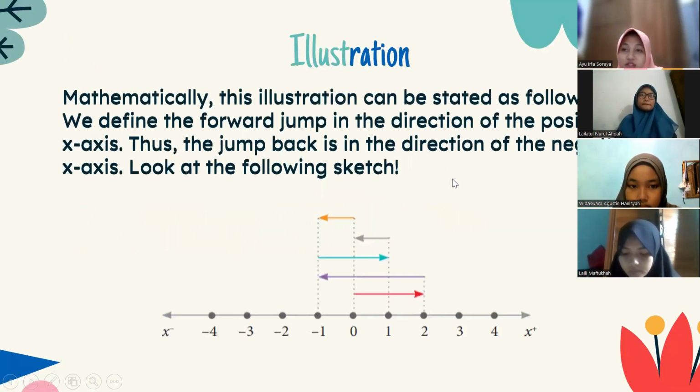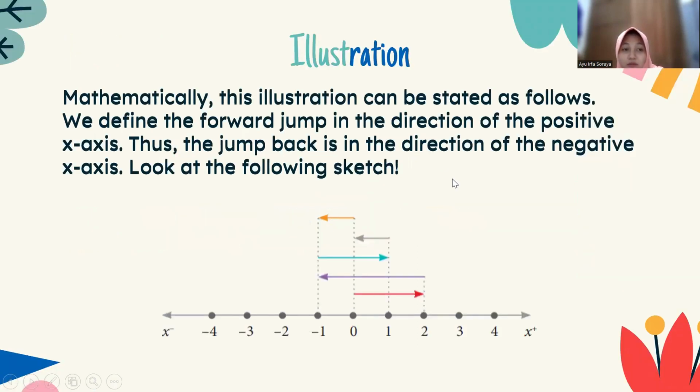So we can illustrate this problem mathematically. We define the forward jump in the direction of the positive x-axis, thus the jump back is in the direction of the negative x-axis. We can look at the following sketch. From the sketch, we suppose that x is 0, the stationary position of the child.